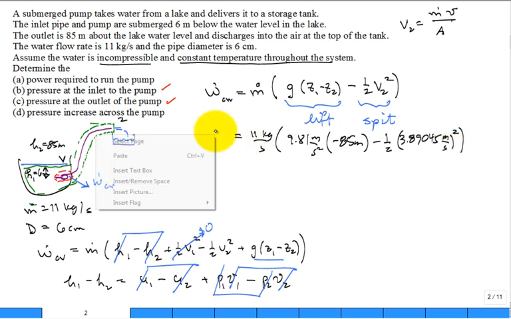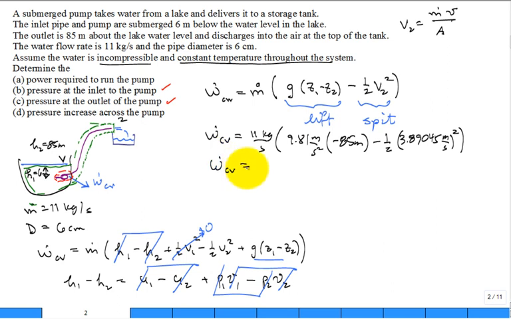And now this is W dot CV, and we calculate that it's going to be negative 9.256 kilowatts. Again, watch your units. We're going to use that 1,000 meters squared per second squared is 1 kilojoule per kilogram. That unit conversion right there.